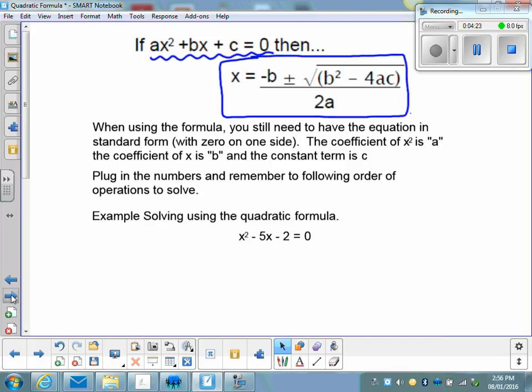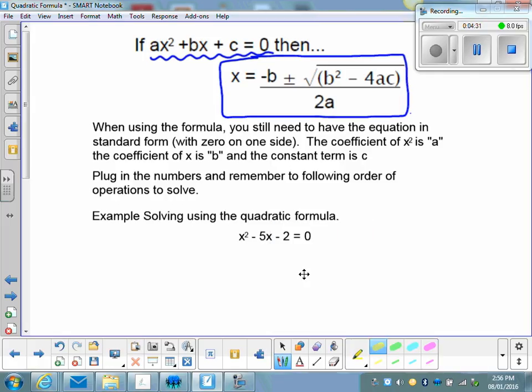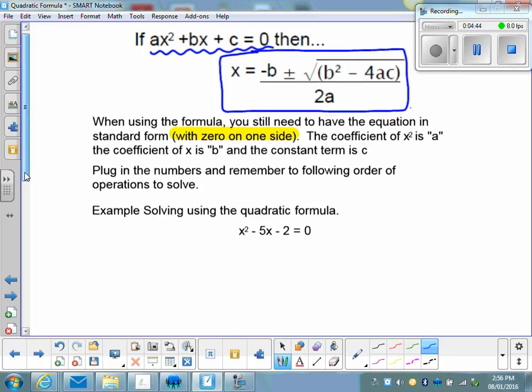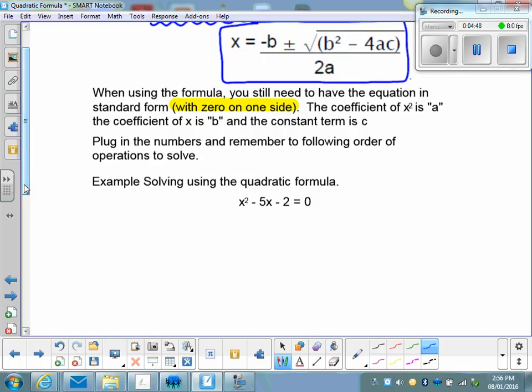The one thing you really want to make sure of here is that it's important that the equation's written in standard form with 0 on the other side. That's the only time that the quadratic formula is going to work. And then all we really have to do then is plug the numbers into the formula to figure it out. So we're going to do it for this question here.